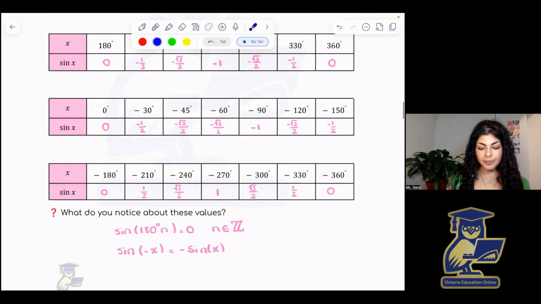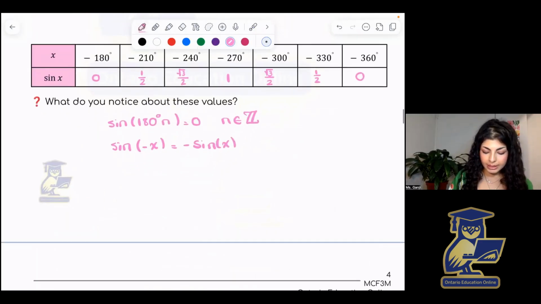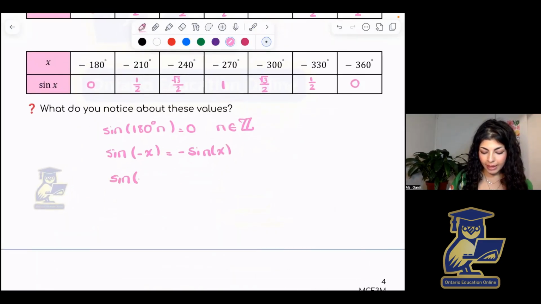And finally, we can make a generalization about the repeating values. So we can say that sine of x plus 360 degrees times n is going to be equal to just sine of x.